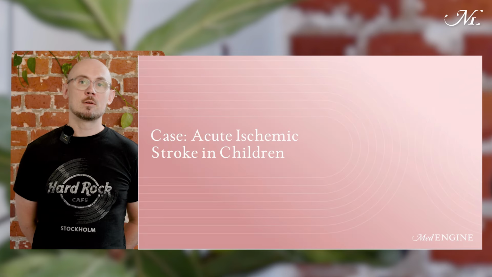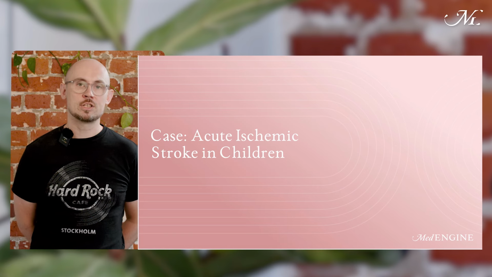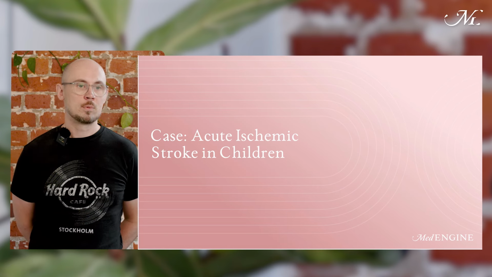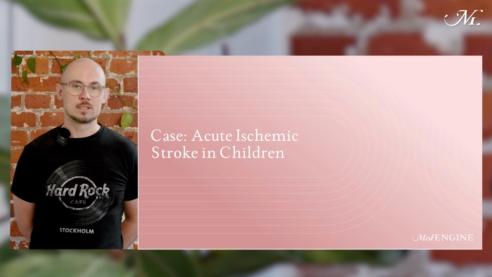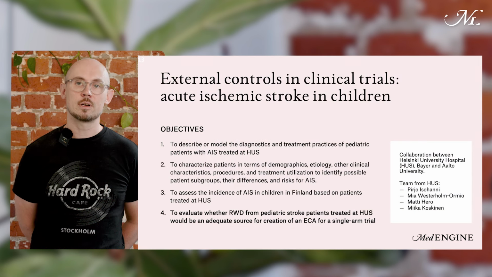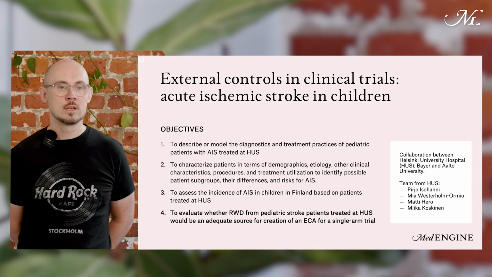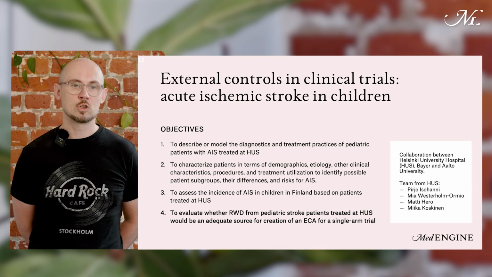So then I want to go to the case example. We initiated a project together with Helsinki University Hospital and Aalto University on the topic of acute ischemic stroke in children, and the team you can see in the slide on the right. We had pediatricians from Helsinki University Hospital and colleagues from their information services.